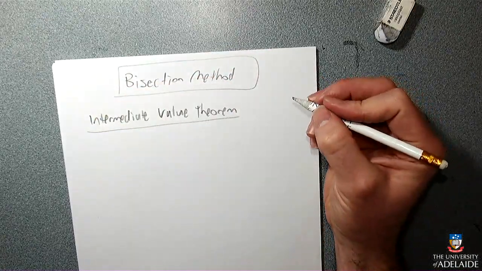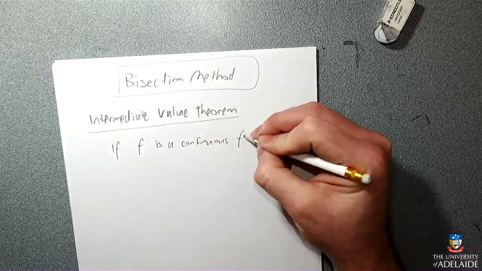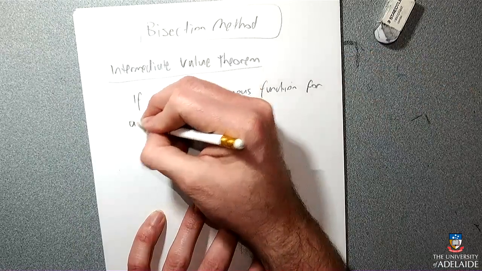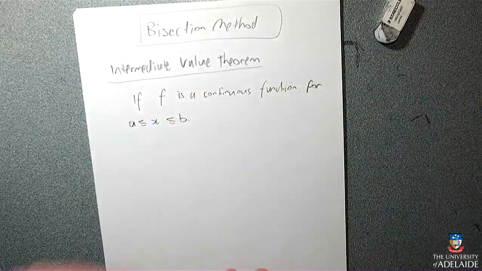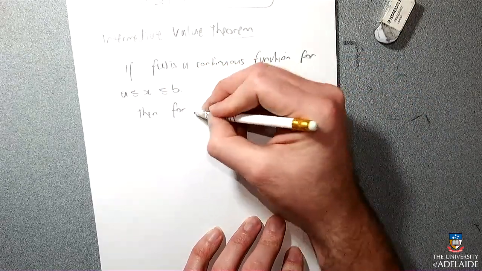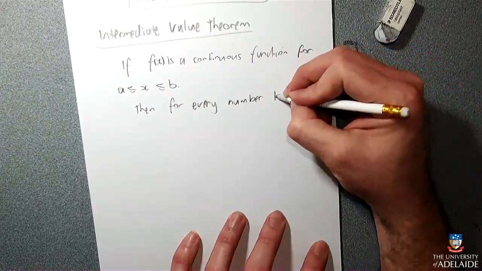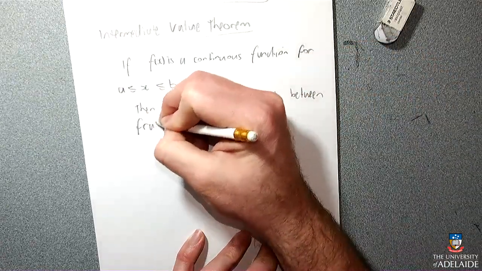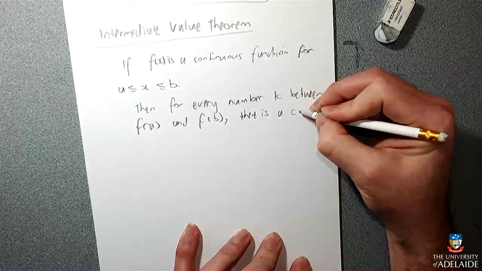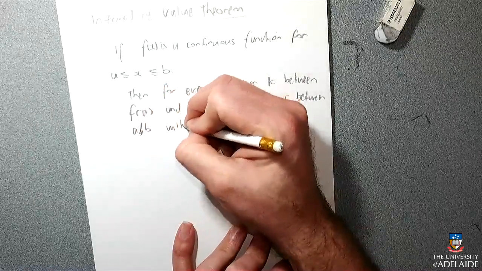So the intermediate value theorem says that if you have a continuous function for some interval where x is between a and b, then for every number I shall pick a k between f of a and f of b, there is a c between a and b with f of c equals k.